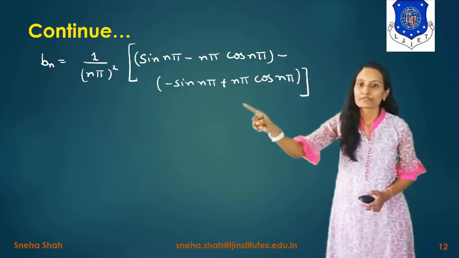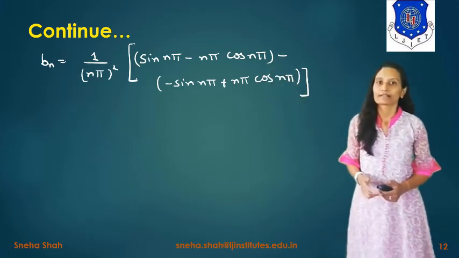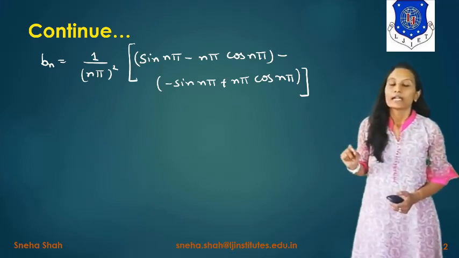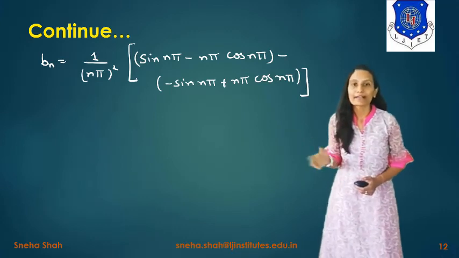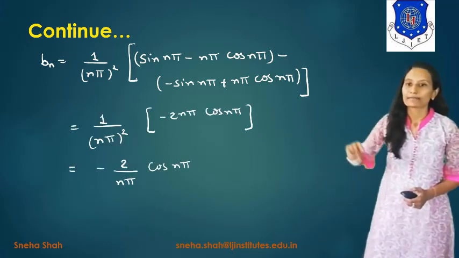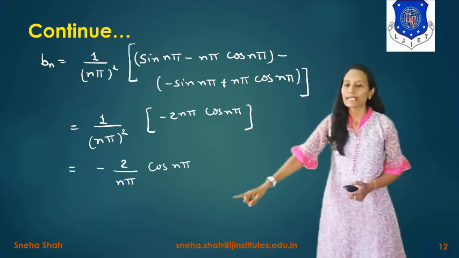And minus n pi cos n pi minus n pi cos n pi equals minus 2 times n pi cos n pi. Now as you know, the value of sin n pi equals 0 for any value of n. So the term will be minus 2 n pi cos n pi. Now if we cancel n pi, the final answer of Vn equals minus 2 upon n pi cos n pi.